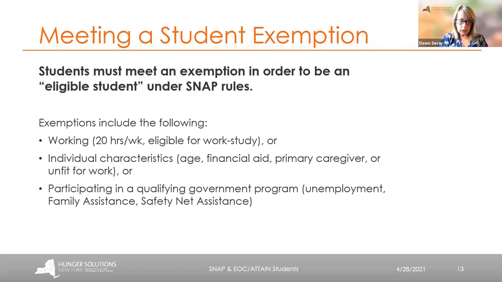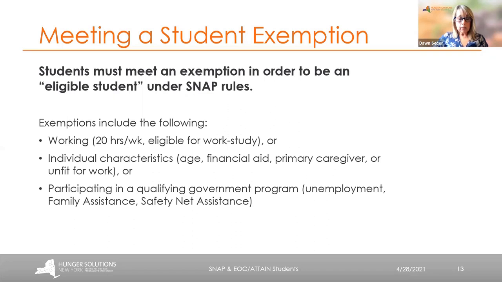And this was done to prevent traditional college students from being able to apply and receive SNAP when, even though they may look like low income because they're in college, they're really being helped by their parents. And that's what traditional means, right? Students that are financially dependent on their parents, that don't have children, that have a diploma, that enter college full-time right after high school, and that are not employed.